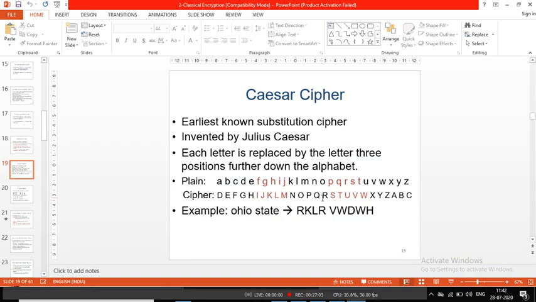So P is substituted as S. Second letter is R. Now R can be substituted with, what is the third letter from R? U. Correct. What is the third letter in our plain text? A. So now A can be substituted with D. That is it. This is known as Caesar cipher. Clear? Okay.